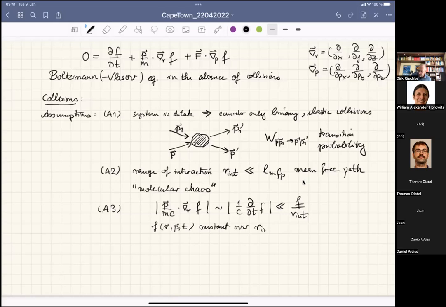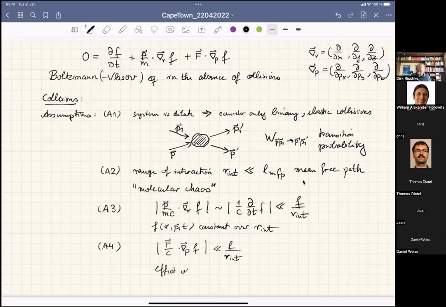And then the final assumption also considers gradients in momentum. So also here, gradients in momentum with the proper dimension are much smaller than F over R int. This means that you can neglect the effect of the force in the range where collisions happen.